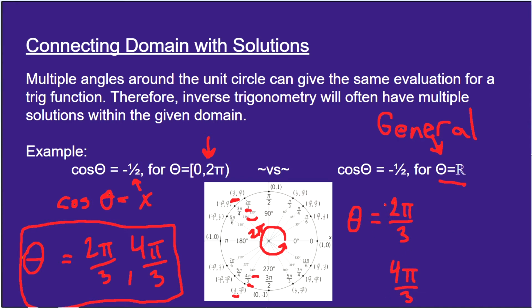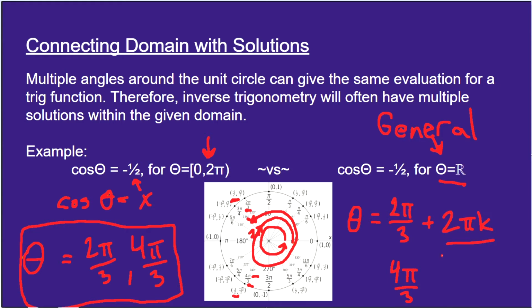However, I need to include something to counter the idea that if theta can be anything, then I could have an angle which is, for example, one full loop, and then I end up at 2 pi over 3, right? I could have coterminal angles included here. So to account for coterminal angles, we simply need to say we have our solution 2 pi over 3 plus 2 pi k.